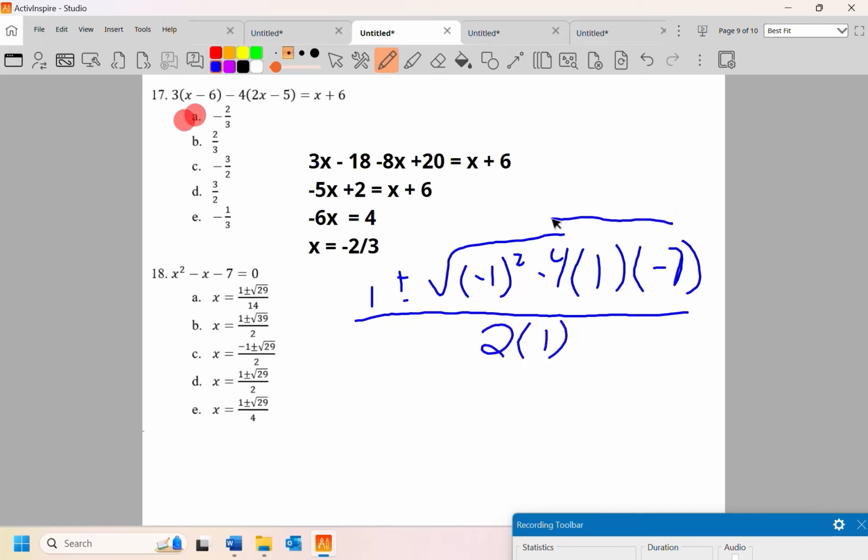All right, so inside we have a 1 plus a 28. We have 1 plus or minus a root of 29. And it's all over 2. See how hard that was? Choice D.